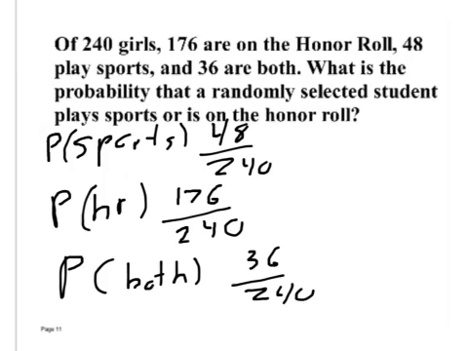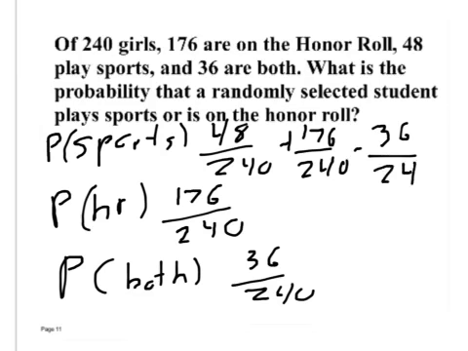So we take 48 plus 176. Then we're going to subtract 36 from it, because these girls are included. The 36 out of 240 is included in both sports and the honor roll, so we don't need to include them twice.